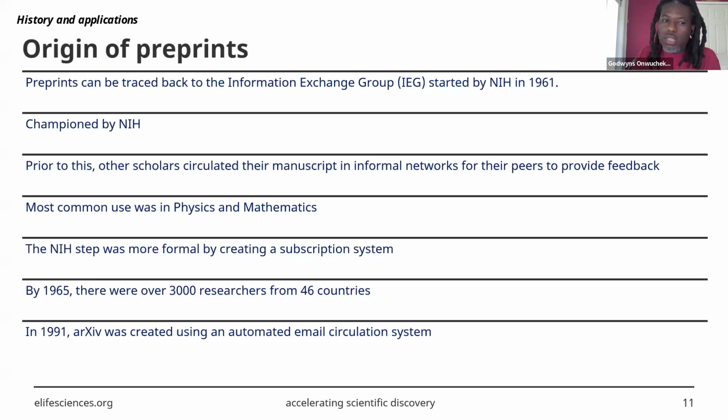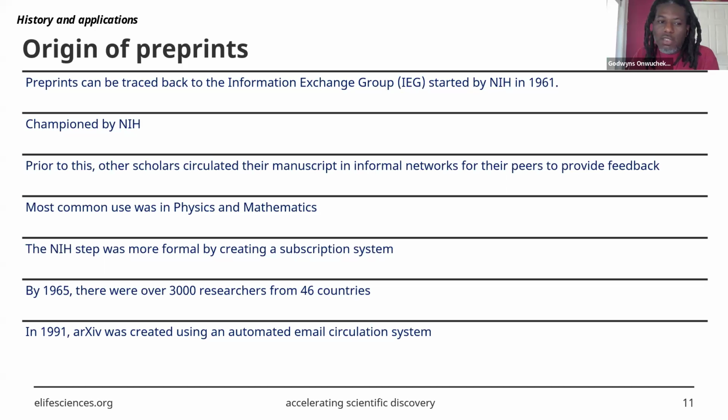The origins go back to the 60s, when the NIH started formally trying to use preprints, and those were used by just sharing them amongst peers. The NIH championed it, and before that, it was just between peers to provide feedback, mostly within physics and mathematics, but it rapidly expanded.